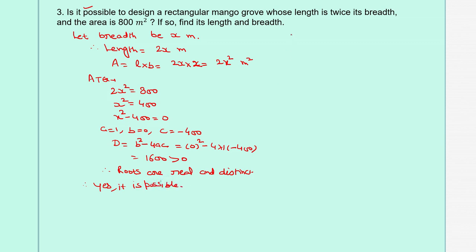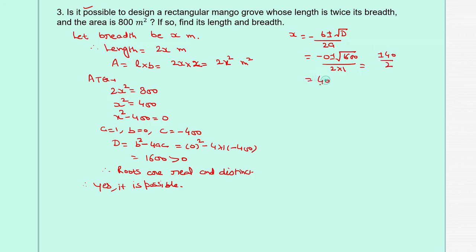Okay. Now applying the quadratic formula, x is equal to minus b plus minus root D over 2a. Substituting the values, minus 0 plus minus root 1600 over 2 into 1. So we get minus 0 is 0, plus minus root 1600 means plus minus 40 by 2.